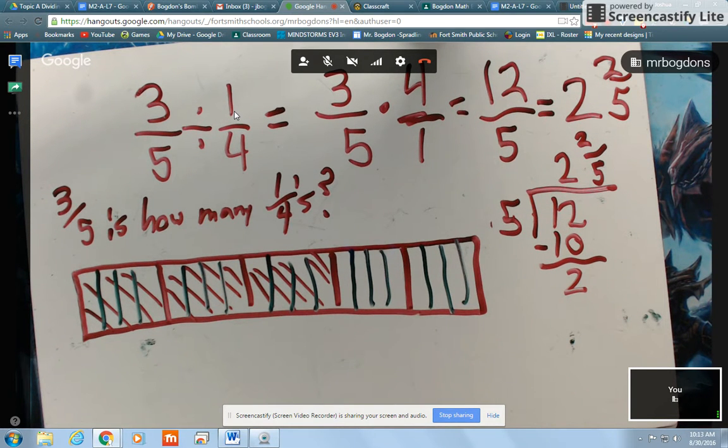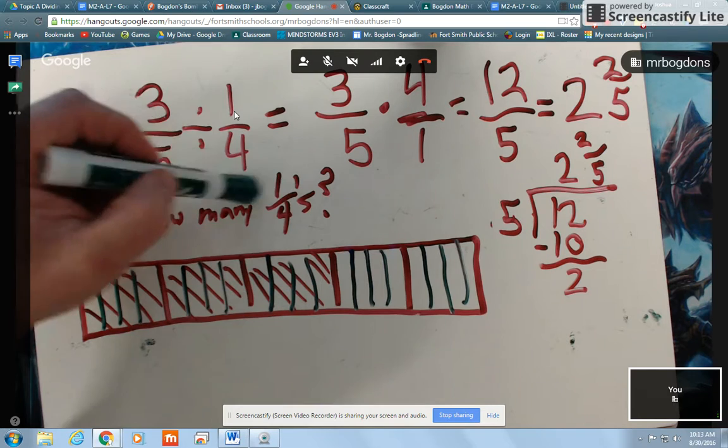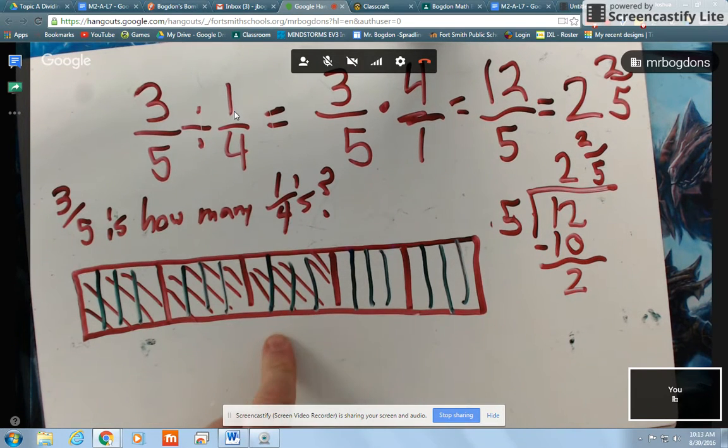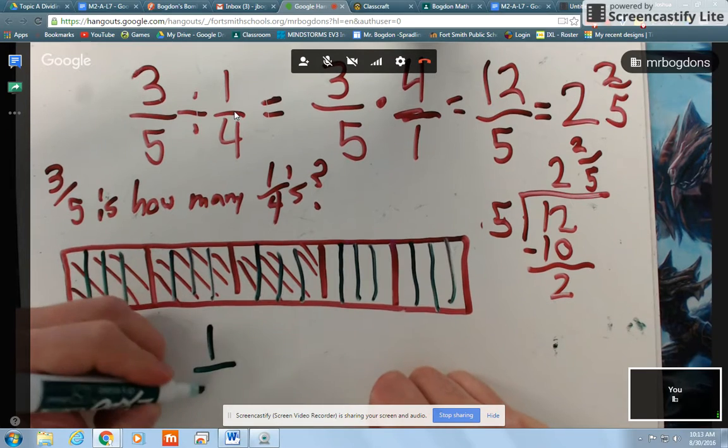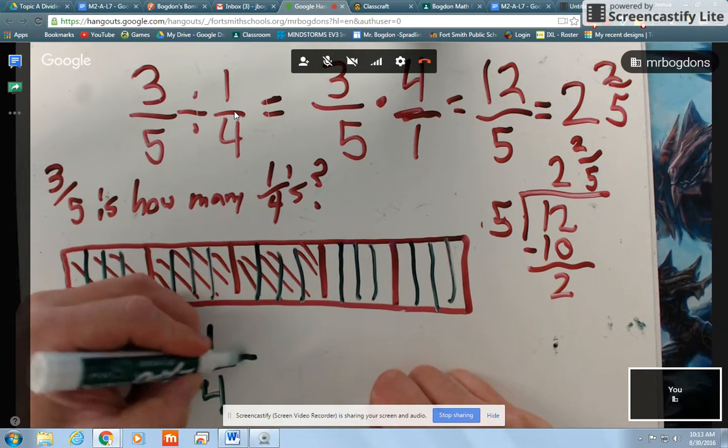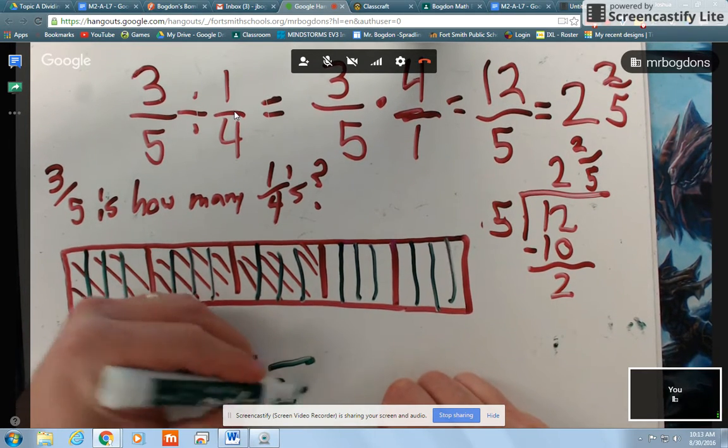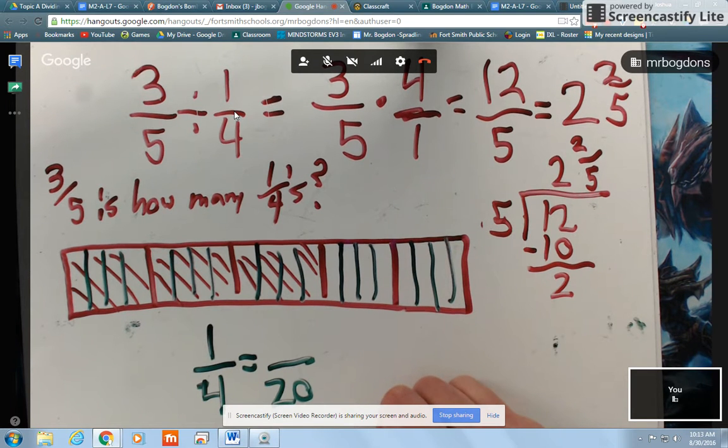Okay, so I need to try to find how many fourths are in here. So what's an equivalent fraction to 1/4 with a denominator of 20? 5? That's right. So I need to see how many groups of 5 I have down here.